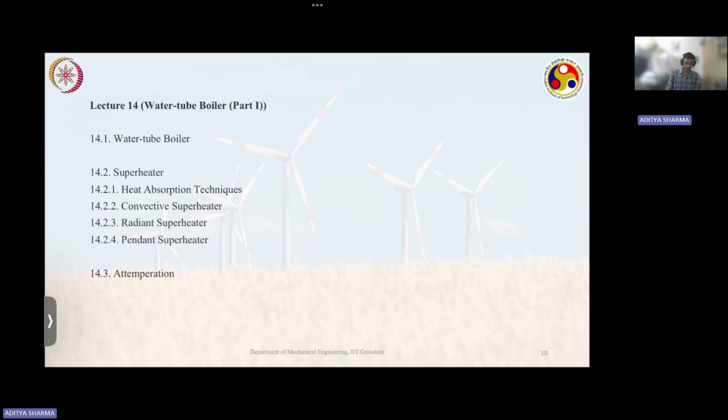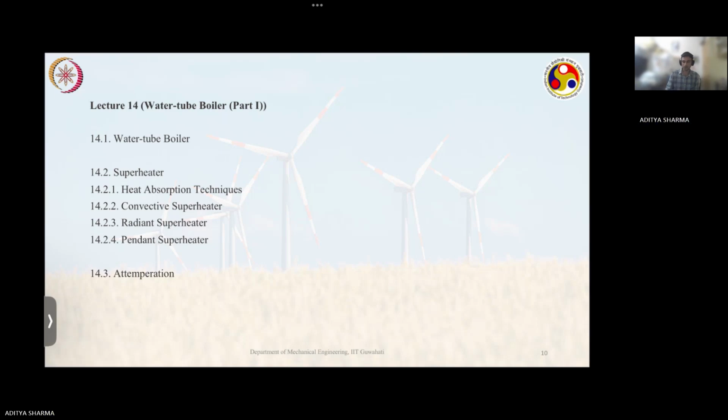So moving further, now we have lecture number 14, that is based on water tube boilers. So different parts of water tube boilers I have already mentioned.